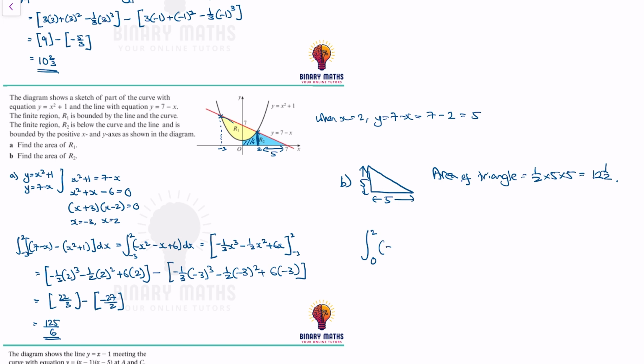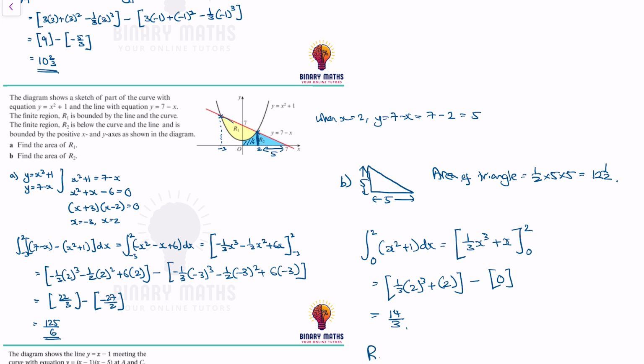So it's going to be x squared plus 1 dx, which when I integrate it, I get a third x cubed plus x between 2 and 0, which means I need to substitute first 2 in, and then when I substitute 0 in, I know I get 0. So I get 8 over 3 plus 2, which is equal to 14 over 3.